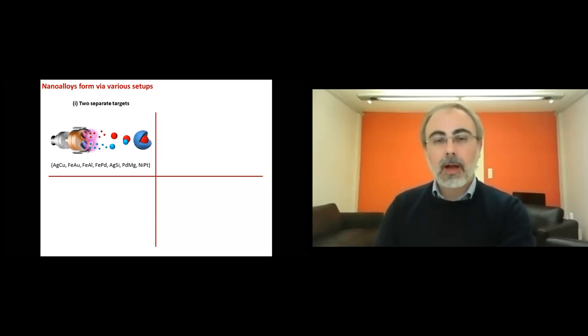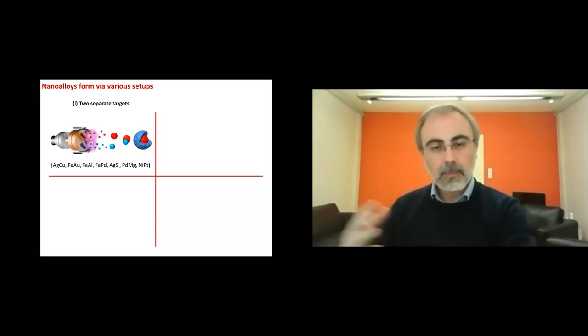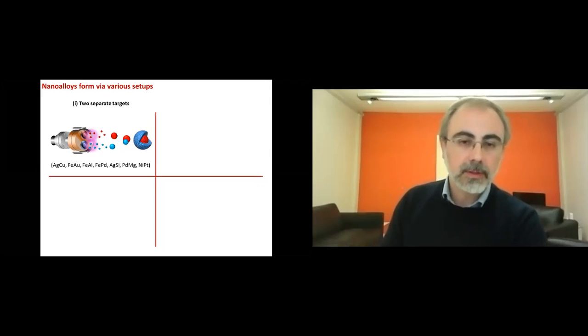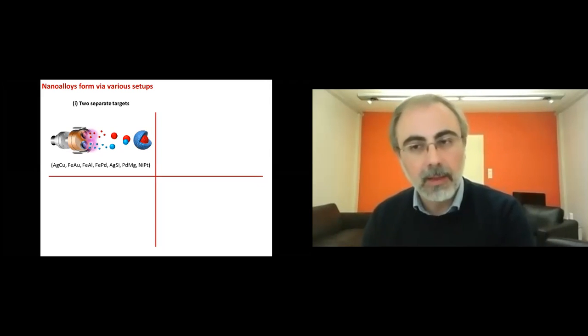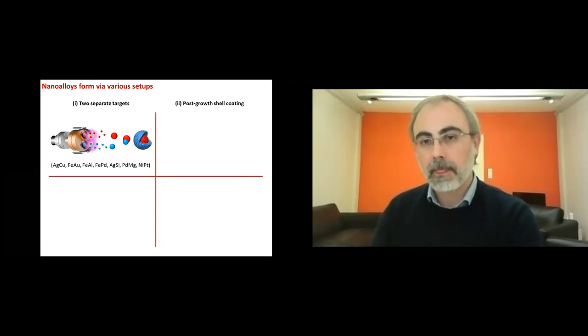And what I'm showing here is that there is this core shell final structure where the blue element, whatever this is, goes to the surface, and the red element stays in the core. This is just to indicate that there's a higher probability of segregated structures at the end of this process, but it doesn't necessarily mean that in all cases we ended up with segregated systems. It's just to indicate the higher probability.